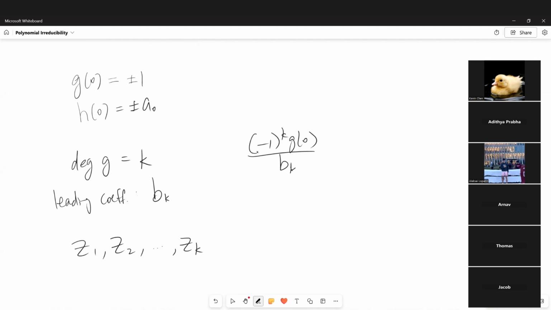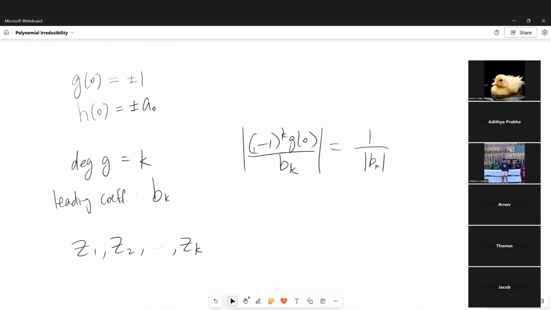And we want to look at the magnitude of this value. Well, the magnitude of this value, the negative 1 to the k just doesn't matter anymore. And since g0 is equal to plus or minus 1, this numerator over here simplifies to 1. And the denominator doesn't change, so that's equal to bk.